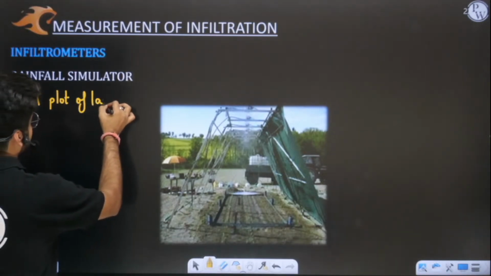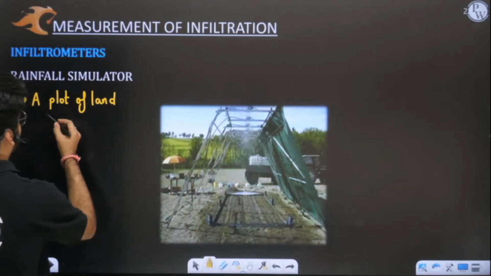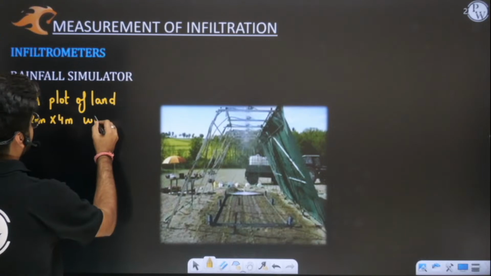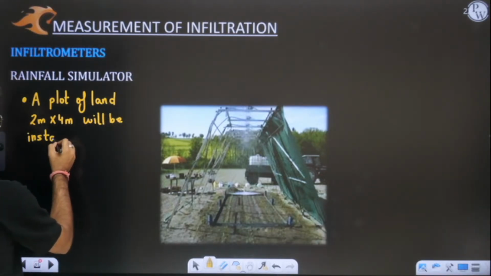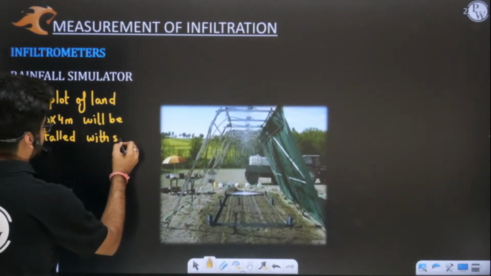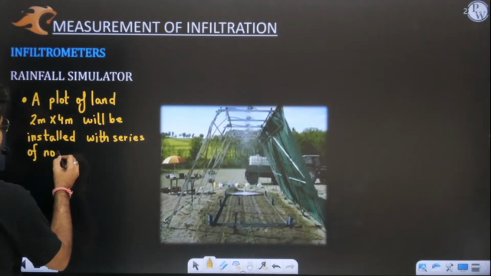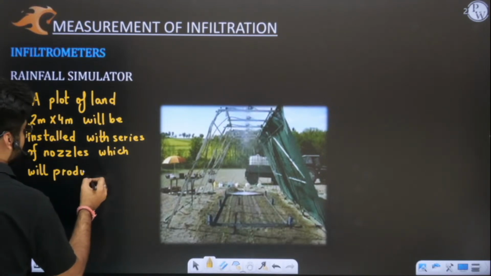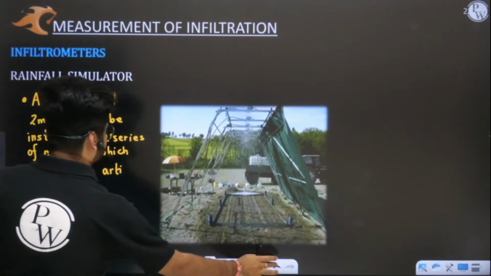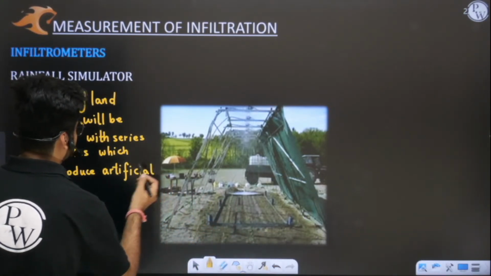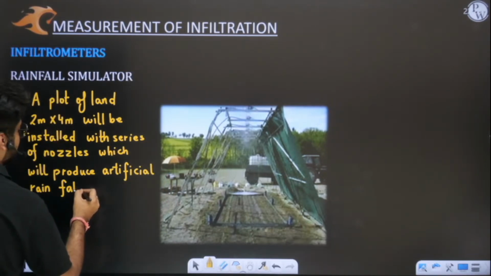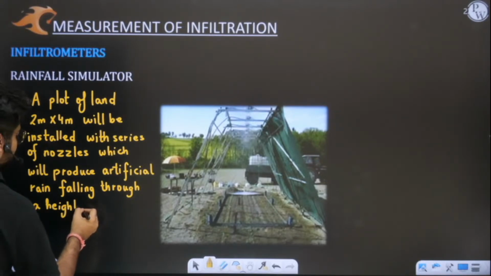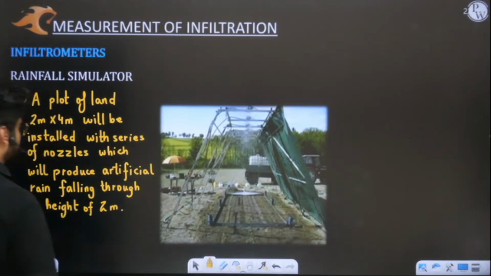A plot of land, 2 meter by 4 meter, will be installed with a series of nozzles which will produce artificial rain falling through a height of 2 meter.